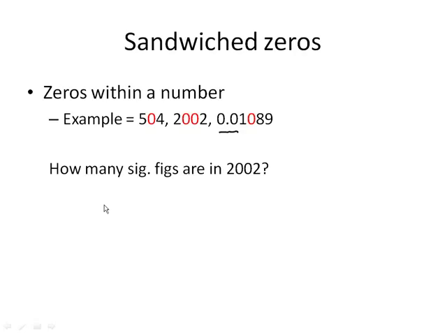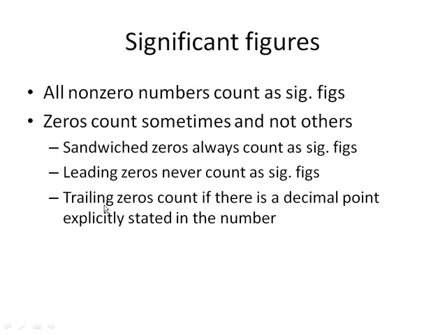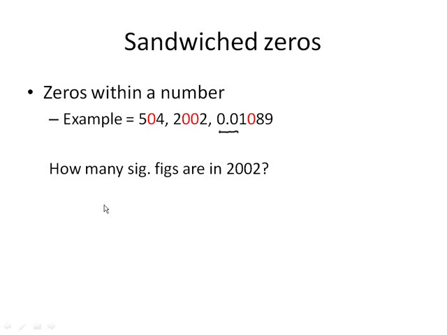So then we might ask, how many significant figures are there in 2002? Well, if we back up for a second, we said that all non-zero numbers count as significant figures. And we said that sandwich zeros always count as significant figures. So in 2002, the 2 is significant and the 2 is significant because they are not 0.